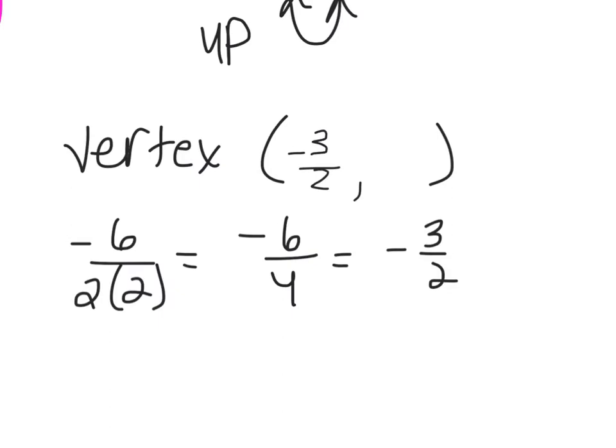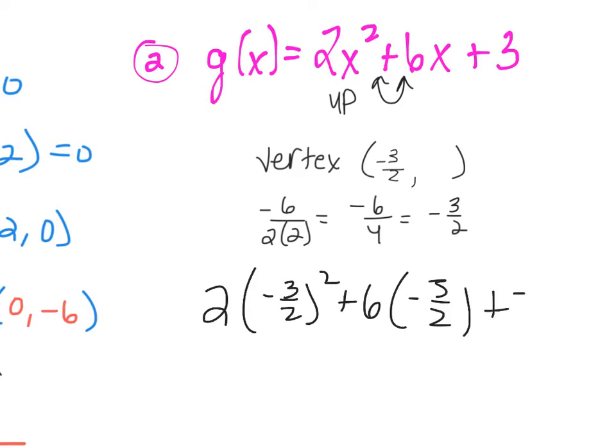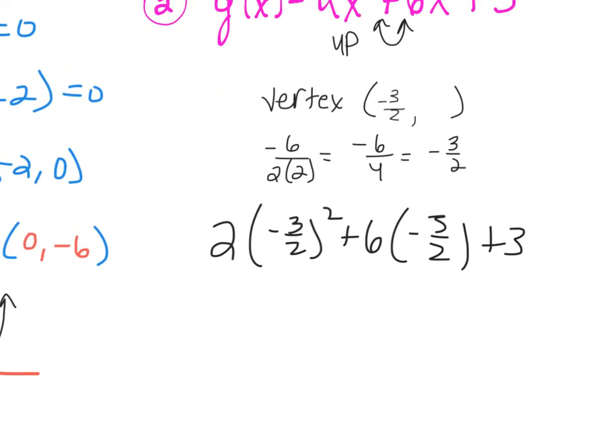Again, guys, tomorrow I'll make this so the numbers are prettier. So how would I find the y? So I have 2 times -3/2 squared plus 6 times -3 over 2 plus 3. All right, so 2 times, what is -3 squared? 9.